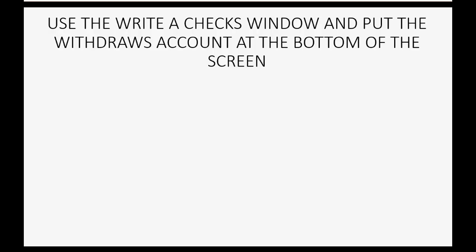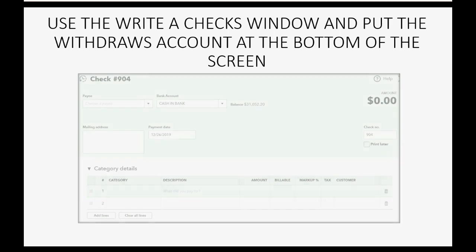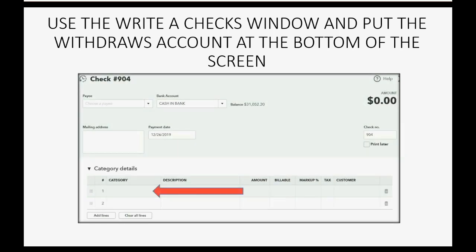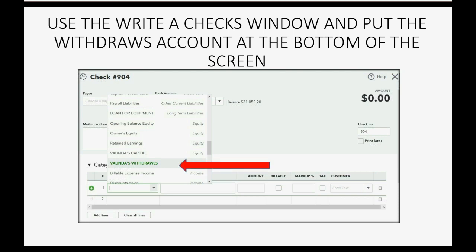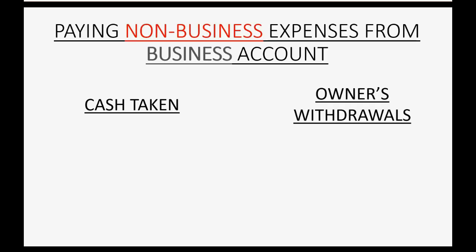So we use the write a checks window just like we saw in a previous video and put the withdrawals account at the bottom of the screen, right there in the category field. And then once we put that there, we fill out the rest of the check normally, and that's how we write a check to anything except for something that relates to this business, the one that we're keeping records of.